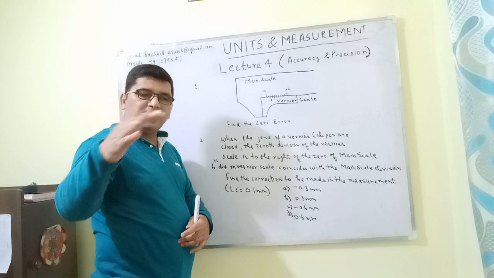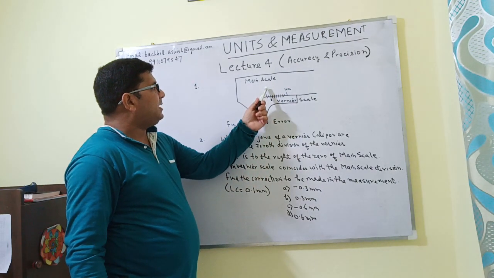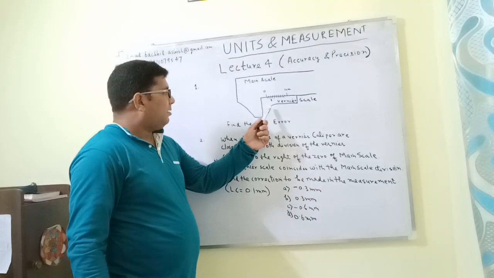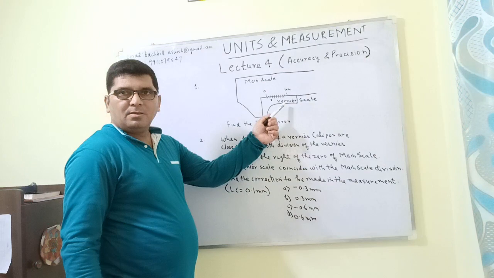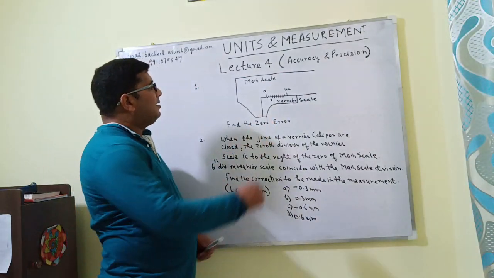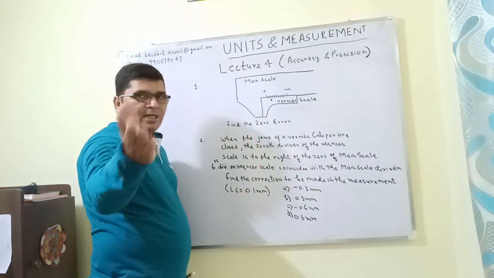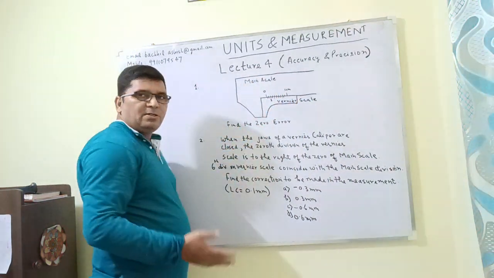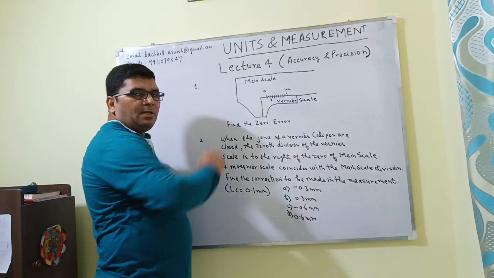Zero error occurs in any instrument when the zero of the main scale doesn't coincide with the zero of the Vernier scale, and the zero of the Vernier scale is either on the left hand side or on the right hand side of the zero of the main scale.